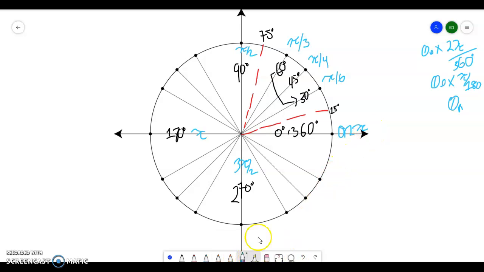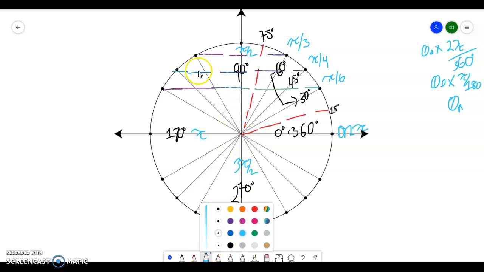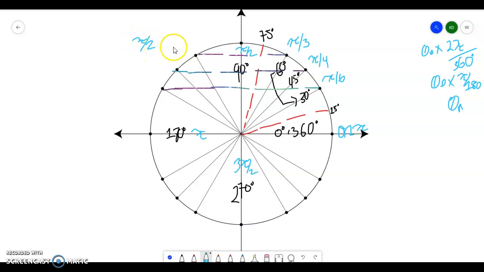And now if I trace over to the opposite side of the y-axis, I can add half pi to the corresponding values. For example, pi half plus pi over 3, pi half plus pi over 4, pi half plus pi over 6.